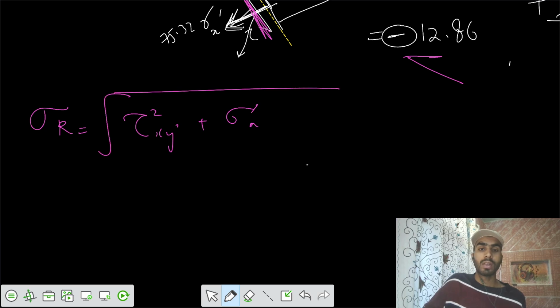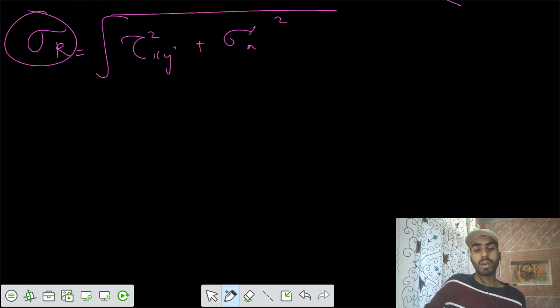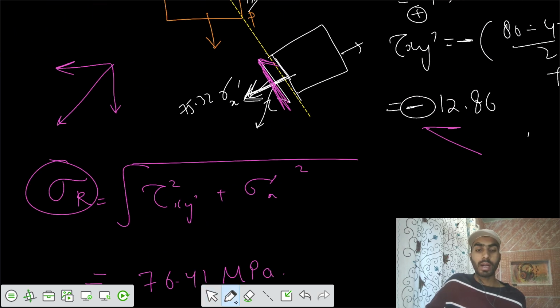One stress is acting in this direction, the other in this direction. We substitute the values, and the stress resultant comes out to be 76.41 megapascal.